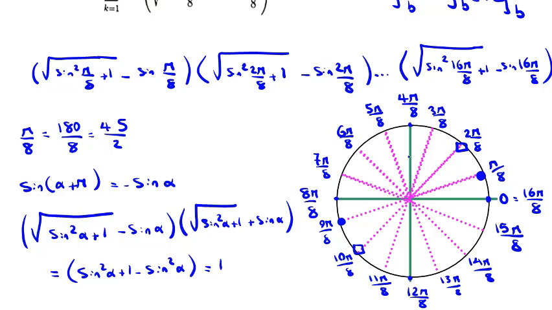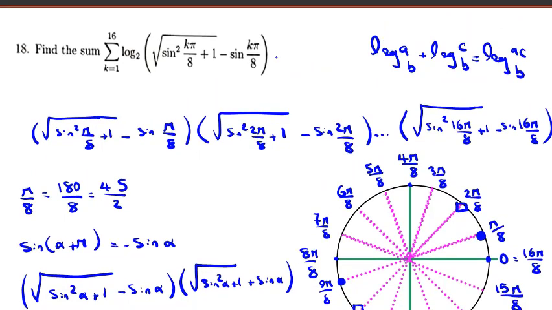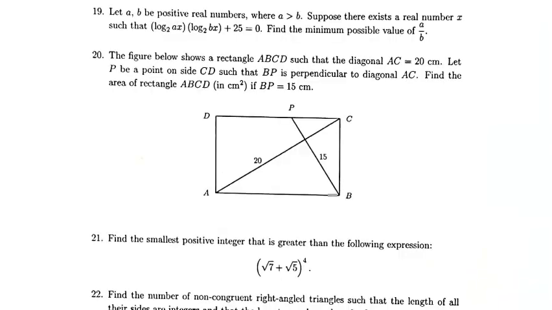Product of all of them equals 1. So you can say product of all of these terms equals 1. So here you can say it equals log 1 in base 2, which equals 0. So the answer is equal to 0.